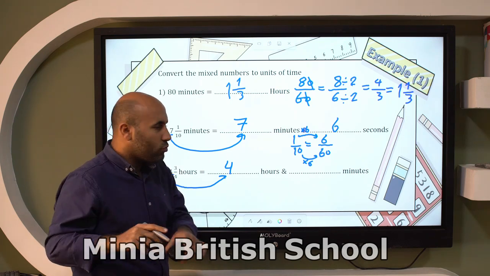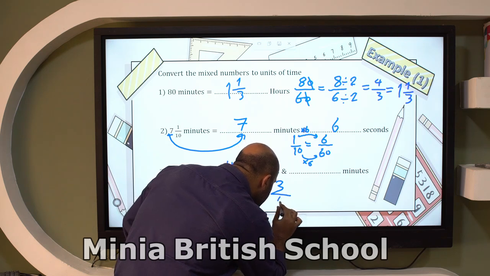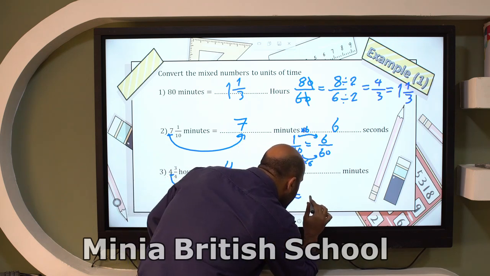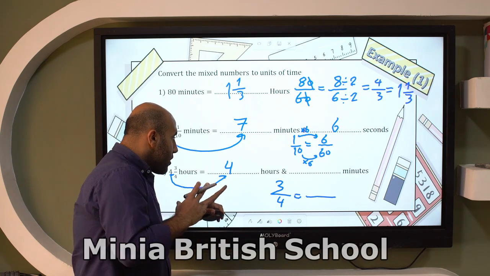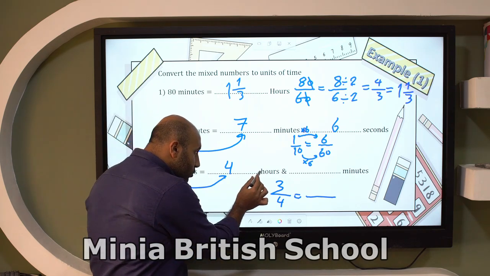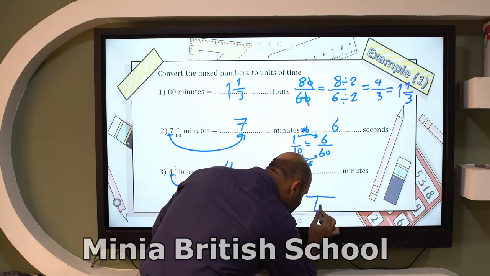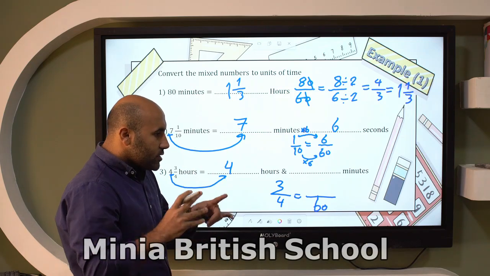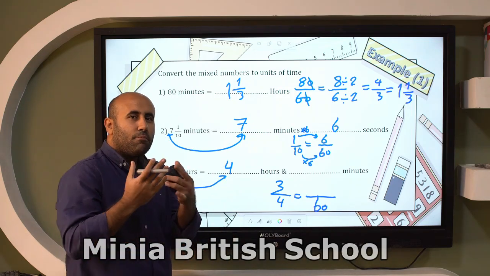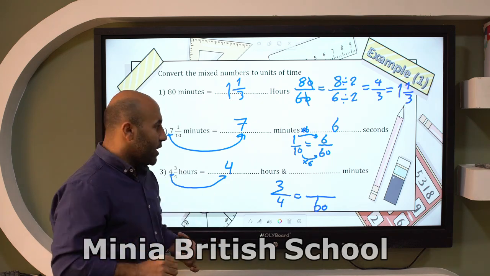Well, get its equivalent. I have 3 over 4 right here. And write this fraction bar. Okay. We all know that the hour consists of 60 minutes. So put the 60 right here. And ask yourself, what happened to 4 to become 60? You all get it right.